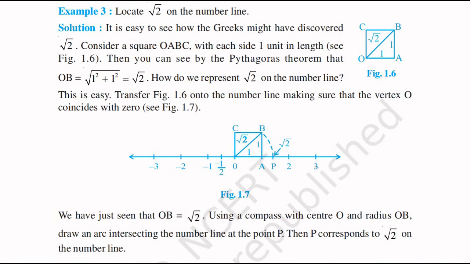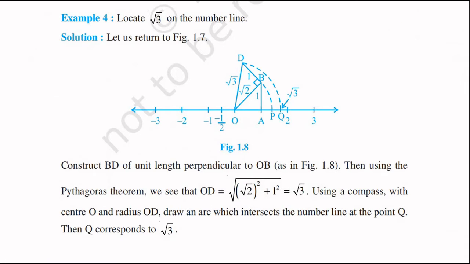Let's see another example. The question is: locate root 3 on the number line. Let us return to figure 1.7. Construct BD of unit length perpendicular to OB as we can see in figure 1.8. Then use the Pythagoras theorem.